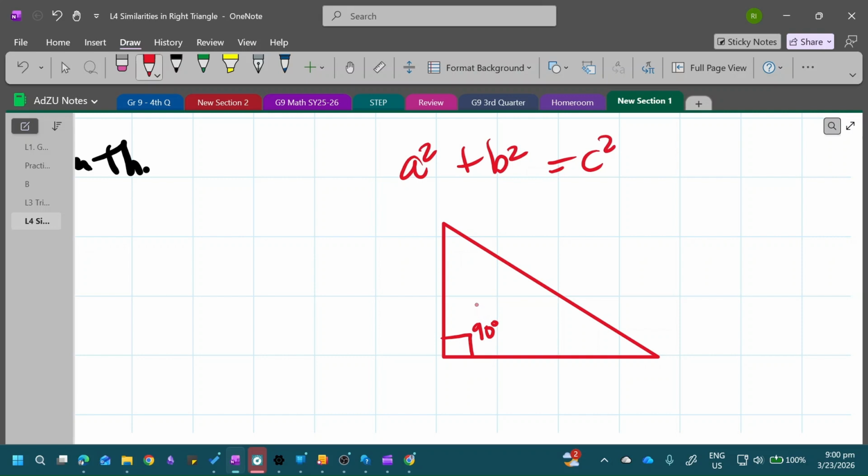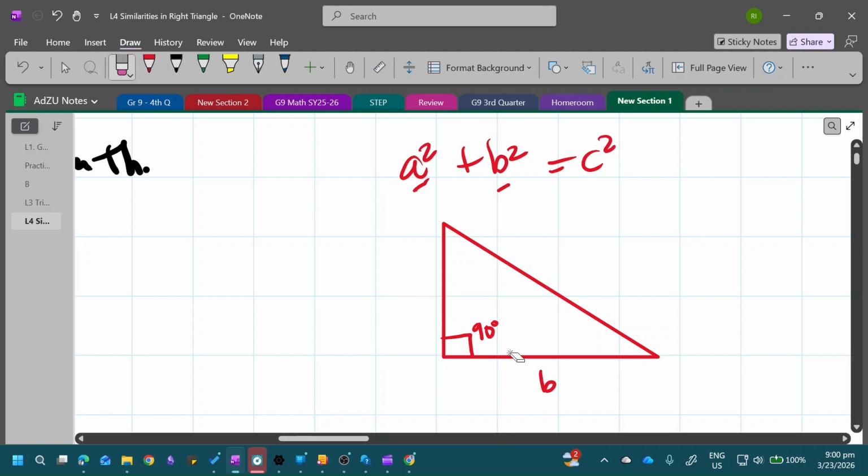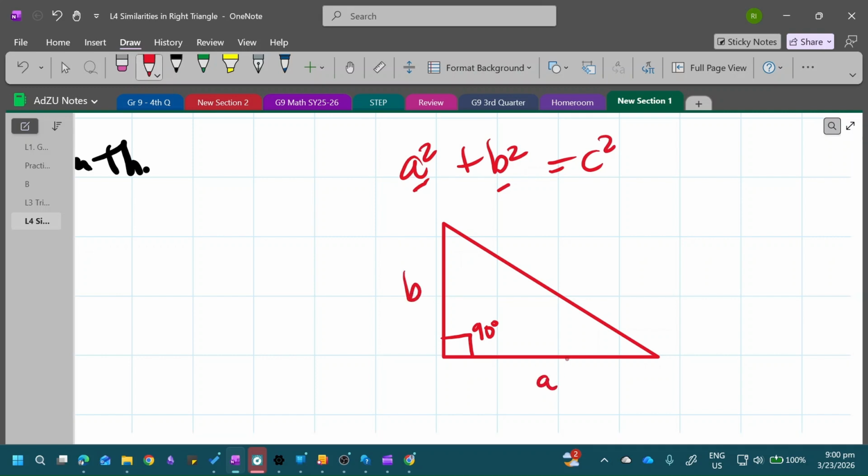Now let's go with this formula. A and B can be either of these legs, no? This can be A, this can be B. Wait, this can be B or this can be A. Either way, they are still the same as legs.